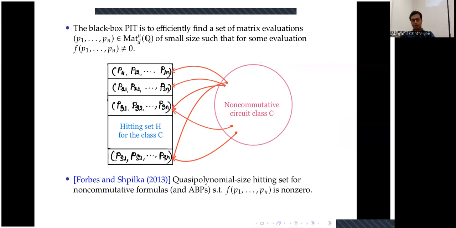Okay? So unlike the commutative setting, in the non-commutative setting, the PIT front is quite well understood. I'm not going to go over all the PIT results, but the result which is important for us is that for a class of non-commutative formulas of size S, we have such a small list of matrix evaluations, where the list is bounded by S to the order log S. So we have a quasi-polynomial size hitting set for such a class.